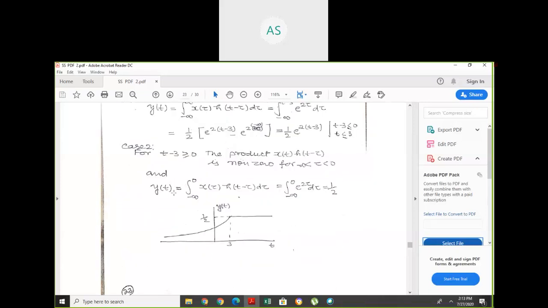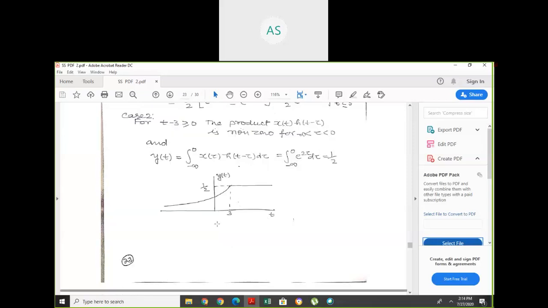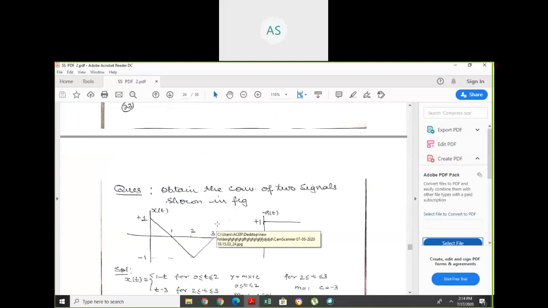So y of t is given by the integral from minus infinity to 0 of x of tau h of t minus tau d tau, and if we substitute the values of x of tau and h of t minus tau, where the value of h of t minus tau is always 1, we get plus half. So we draw this equation, and this is the result of the two convolution.